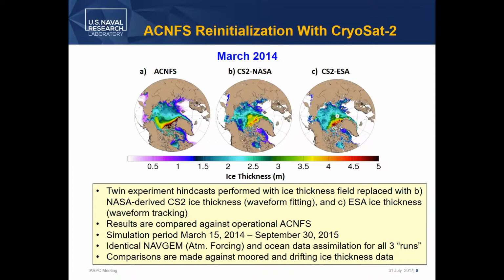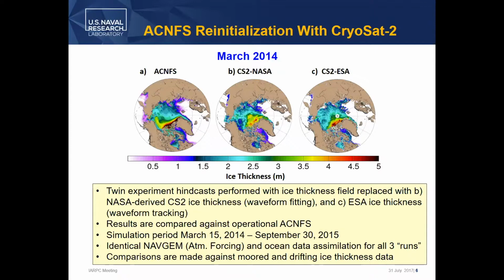So we performed twin experiments, hindcasts, where we replaced the ice thickness field in Arctic Cap with the NASA-derived CryoSat-2 ice thickness, and they use what's called a waveform fitting technique. And then C, the ESA ice thickness, and they use what's called waveform tracking. Both of these approaches make some assumption about the snow cover on top of the ice, and it's tied to climatology.